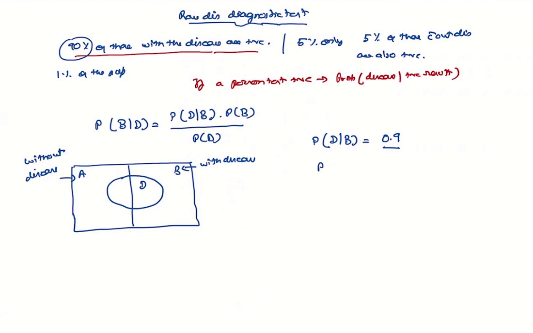And what about probability of B? Probability of B is the unconditional probability of disease, which is 0.01.